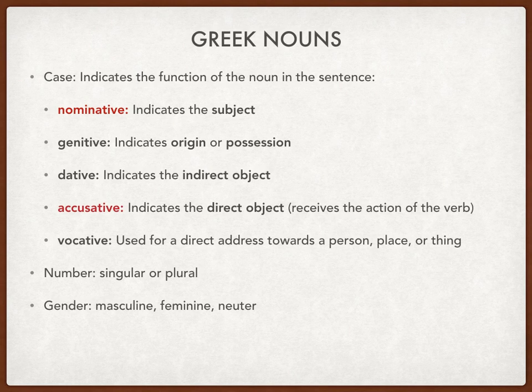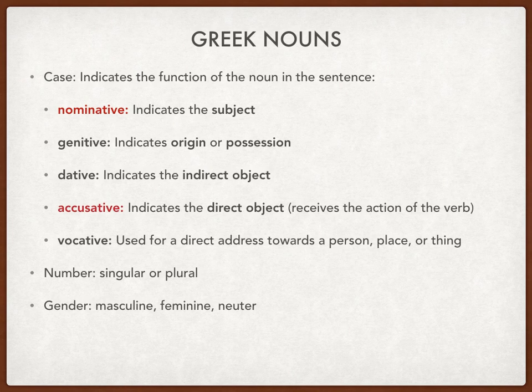On the other hand, the accusative, which is going to be important, you will see this chapter, indicates the direct object, the word that receives the action of a verb. This will be a bit clearer. I'll have an example in Greek a bit later. Finally, a case that we will see occasionally when a character is speaking in one of our texts is the vocative, which is a case that I would use to address a person, place, or thing.